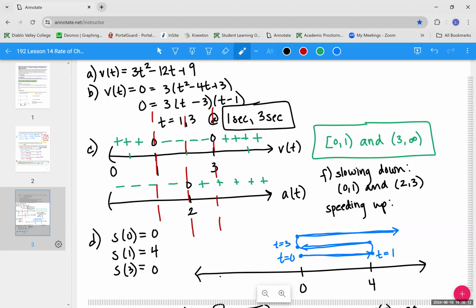And it is speeding up 1 to 2 and 3 to infinity. Okay. So that completes kind of a full motion analysis, just given a position function.